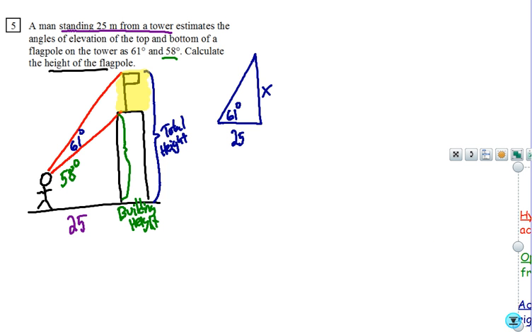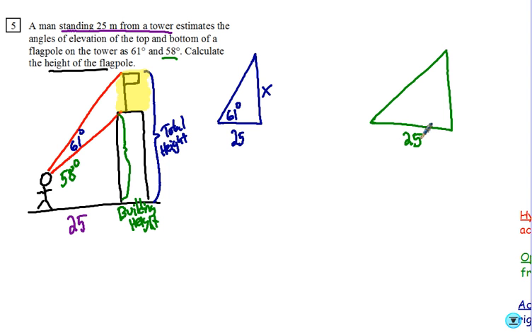And then we're going to have a second triangle, which is just the building height. So this angle is going to be a little more acute, right? It's going to be less than the other. Distance is still 25. It's just we're not looking as high. So that would be 58. So this represents total, and this represents building.